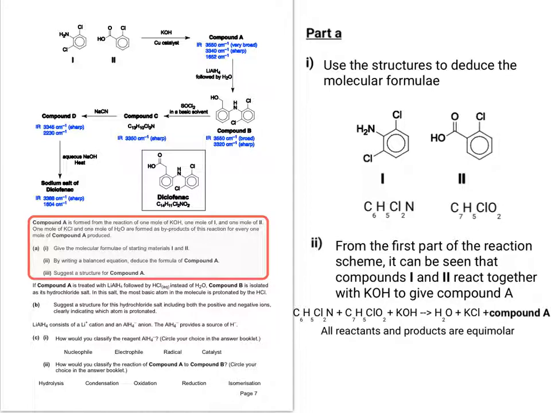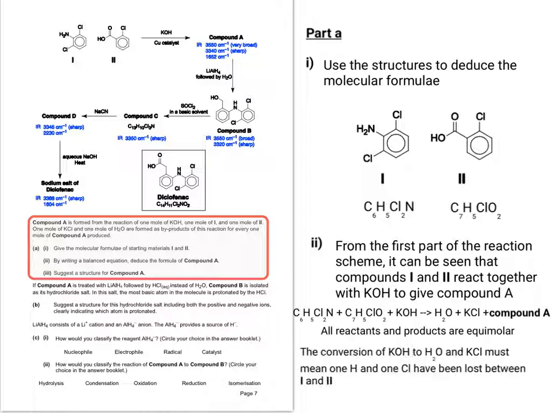Bearing that in mind, it must be that compound A is a combination of compound 1 and 2, but with HCl removed. So we have to think in these terms when we're trying to deduce the formula for compound A.